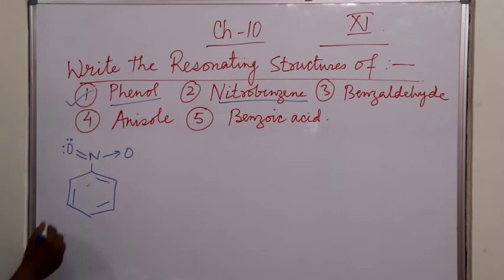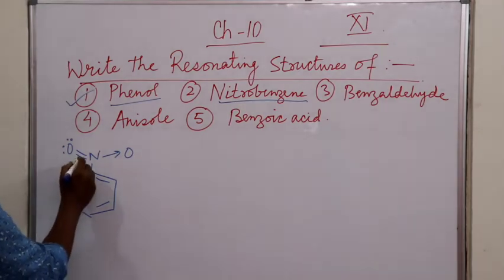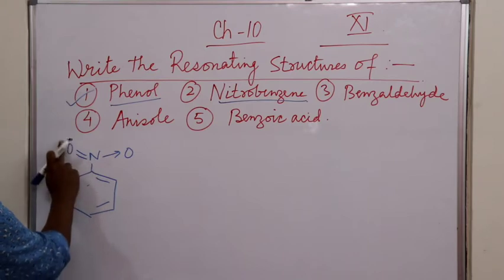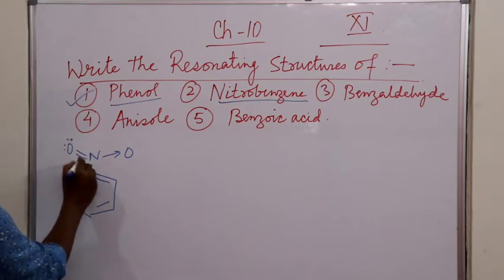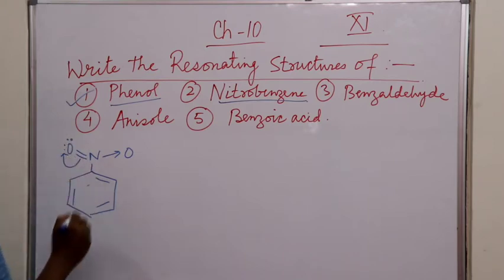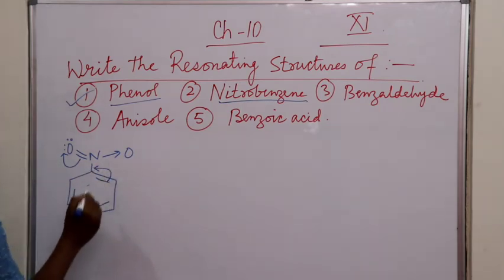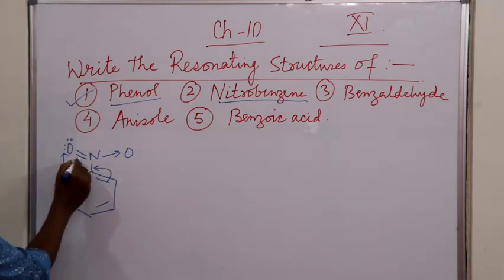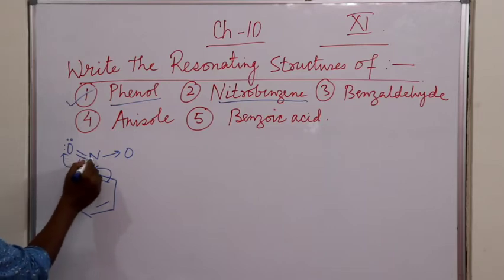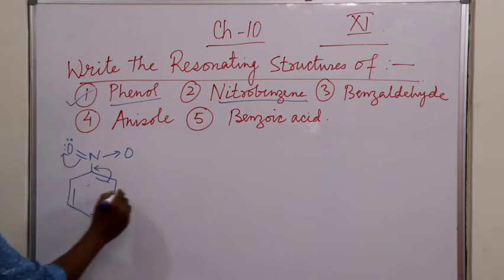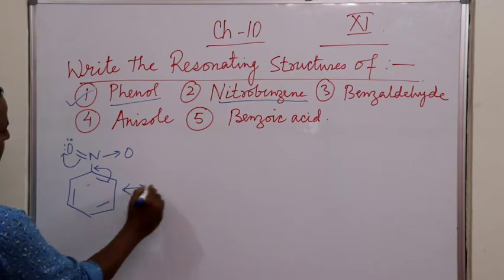This pi electron will shift here, and as a result the pi electron between nitrogen and oxygen has to shift here. So we will have a structure like this.